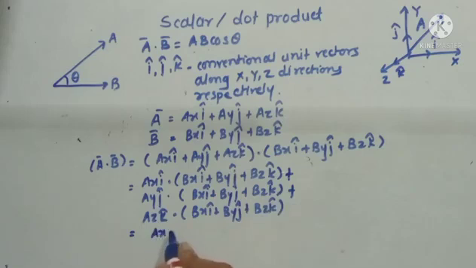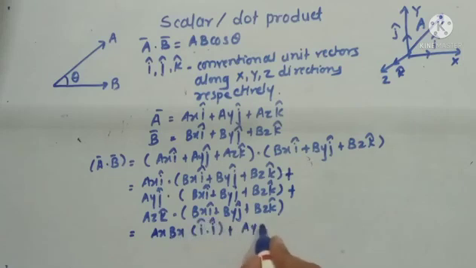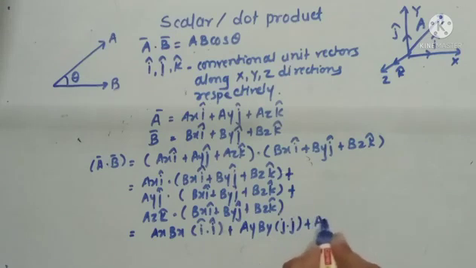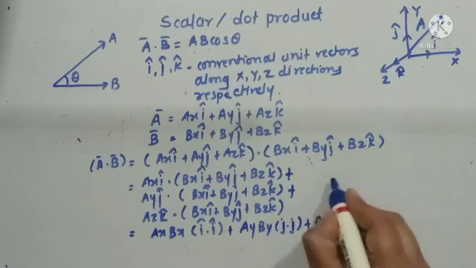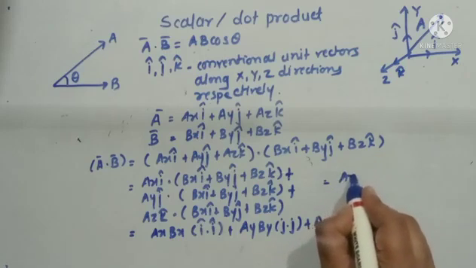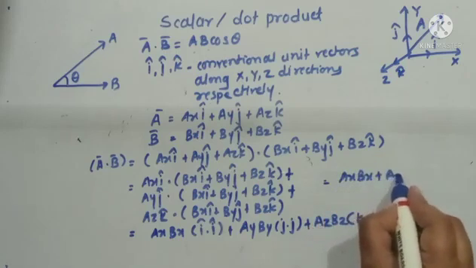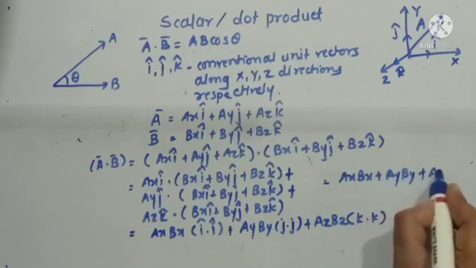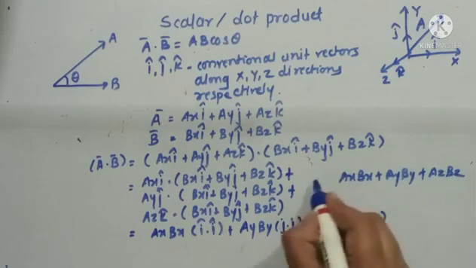So I can write here AxBx i dot i plus AyBy j dot j plus AzBz k dot k, which will be equal to AxBx plus AyBy plus AzBz. So this will be vector A dot vector B.